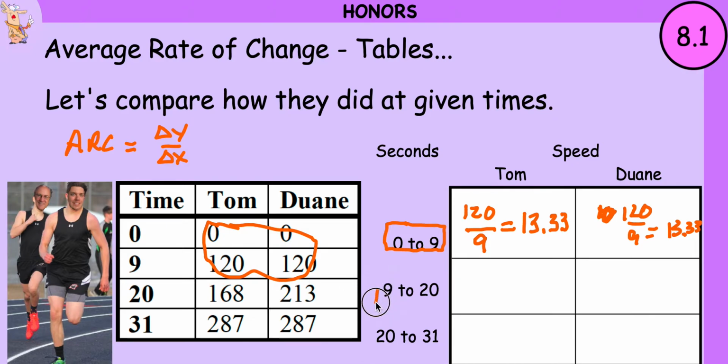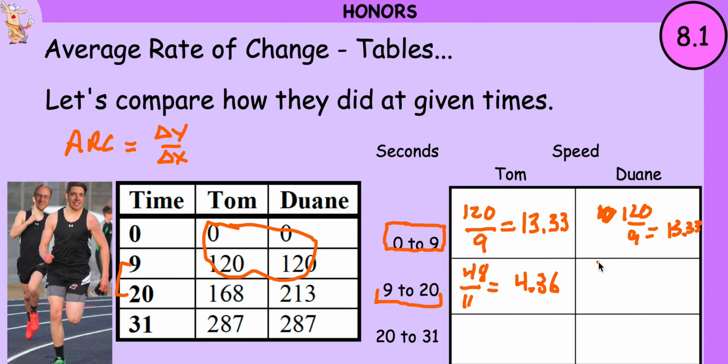The next comparison will be from 9 to 20. So we take 20 minus 9, which is 11. And then we take 168 for Tom and subtract 120, and we get 48 over 11, which equals 4.36 meters per second, where Dwayne ran a little faster.